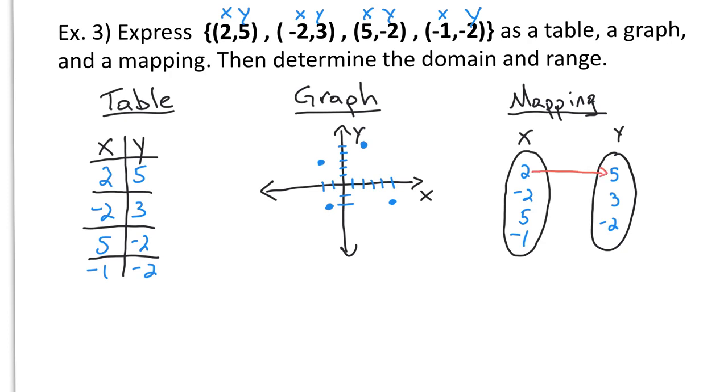So notice I'm doing from the 2, from the x, I go to the 5 for the y. The next one is the -2 goes to the +3, so I make an arrow. The next one, the 5 goes to the -2. And the last one, the -1 goes to the -2. So notice that I am making a mapping, or a map, where I connect the x values with the y values.